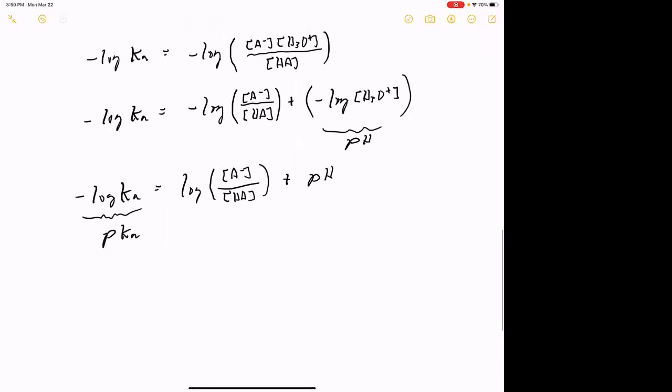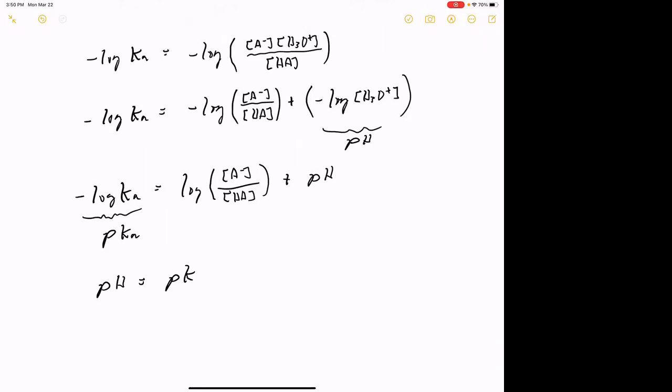Now I'm just going to rearrange this a little bit. So now I can say that pH, because that's usually what we're solving for, is equal to the pKa, just taking that to the other side. Actually, would that work out? How did I end up with a pKa over on that side?